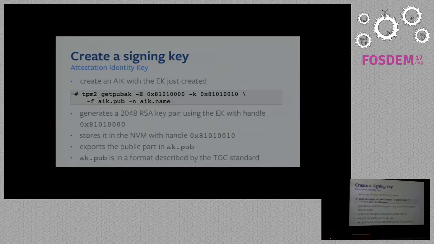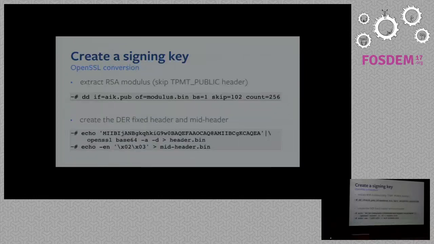This key will be stored in the file aik.pub, but it cannot be used directly by OpenSSL because it's basically a dump of a C structure described in the TCG standard. We need to extract the modulus from that key, and this is done by skipping the first 102 bytes.